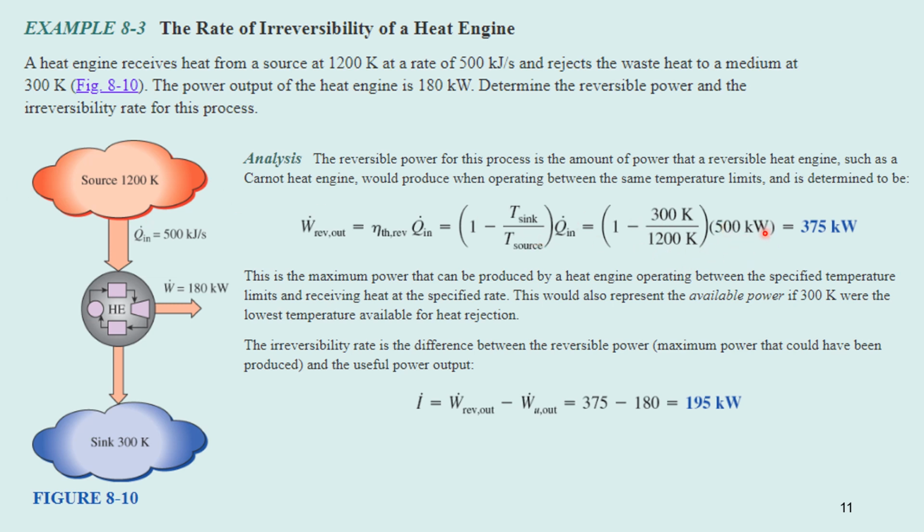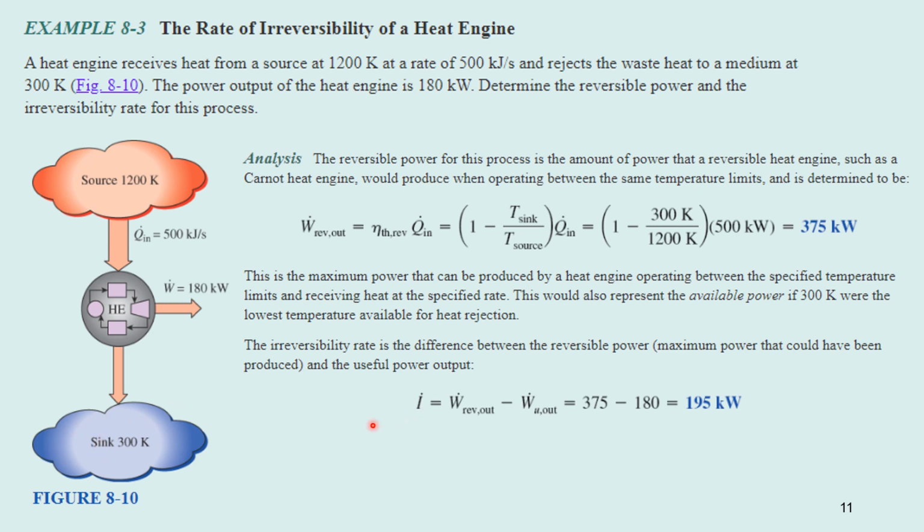Q dot in is the 500 kilowatts, so that's 375 kilowatts. So 375 kilowatts is the maximum power that can be produced by the heat engine operating between 1200 Kelvin and 300 Kelvin, given this rate of energy input. This would represent the available power if the 300 Kelvin were the lowest temperature available for heat rejection.